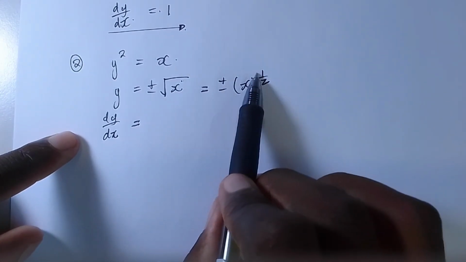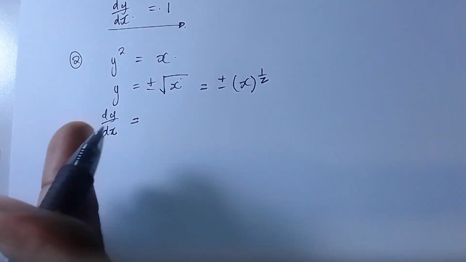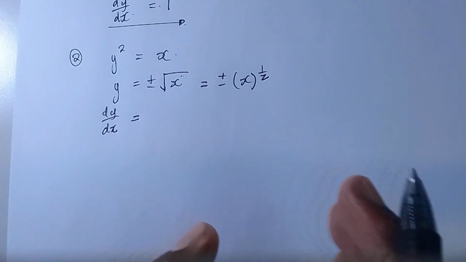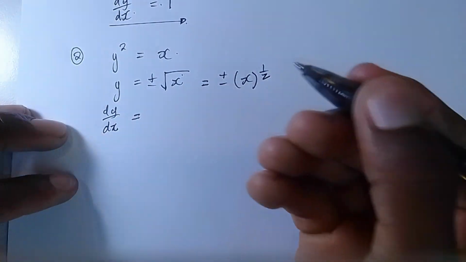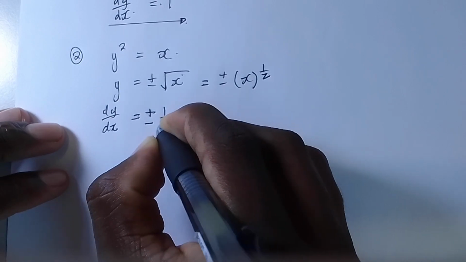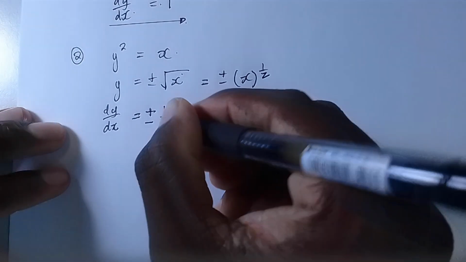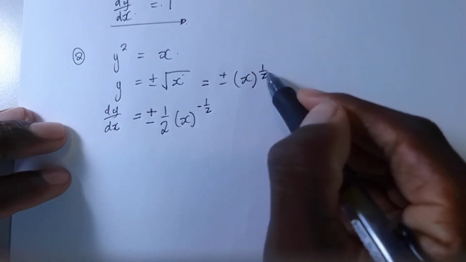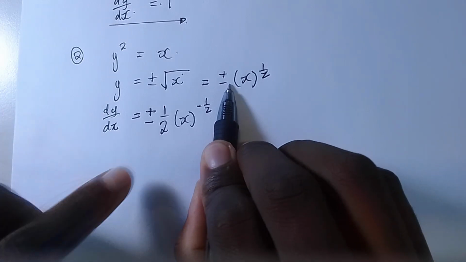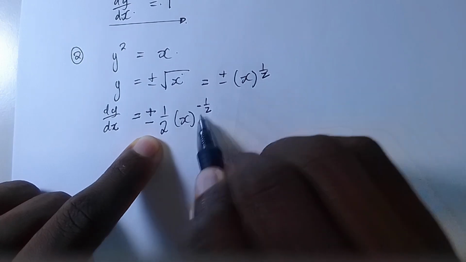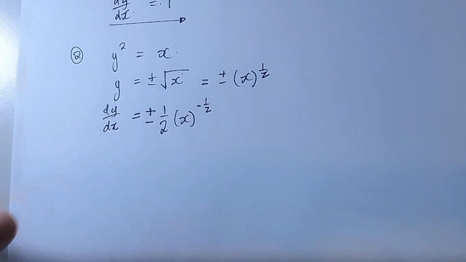I know you can separate it and say y is equal to positive x to the 1 over 2, or y is equal to negative x to the 1 over 2, but I'm going to use it both combined like this because it's still going to be plus or minus anyways. So I'll say plus or minus 1 over 2 multiplied by x to the power of negative 1 over 2. Right, I took this and multiplied it with the coefficient, which gave me 1 over 2, and then I subtracted 1 from the exponent, which gave me negative 1 over 2.